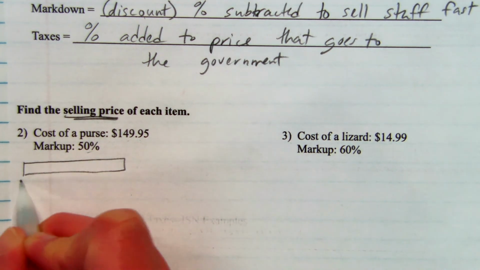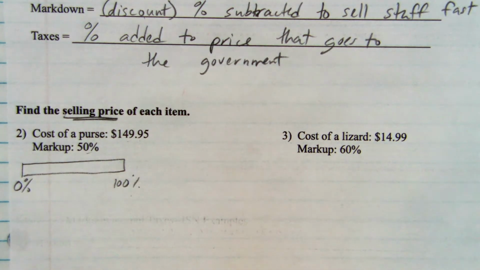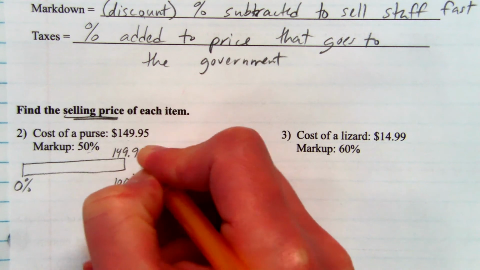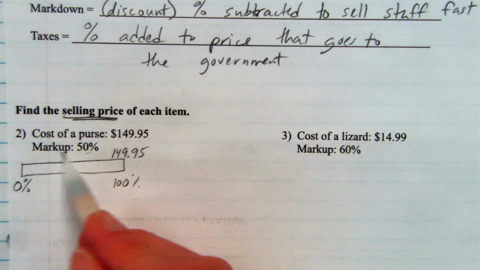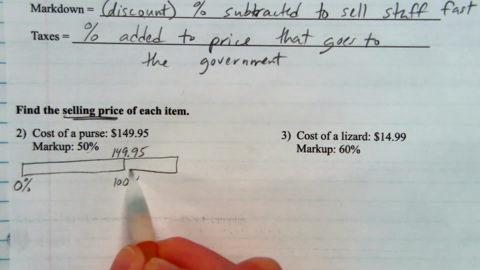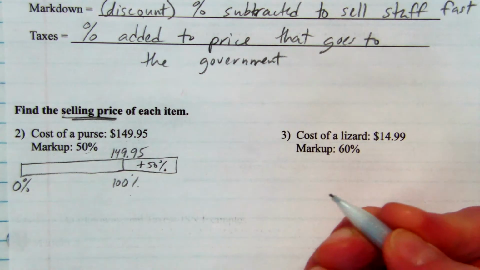So let's just think about what this looks like. So I'm going to draw my percent bar here. I've got 0%. 100% is always that starting price. So that's $149.95. Okay? So they're going to mark it up 50%. So we're going to add another 50% on. We're adding 50%.